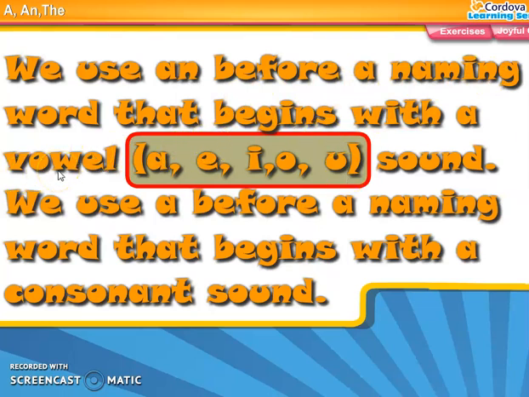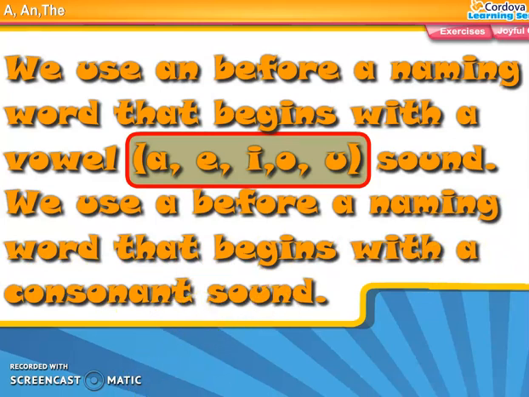Now, what are the vowels you know? A, E, I, O, U sound. These are the vowels. And we use a before a naming word that begins with a consonant sound.